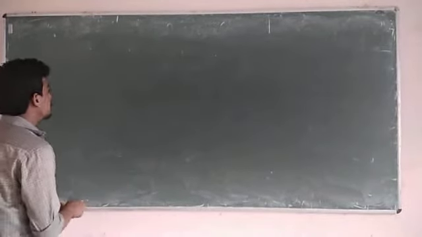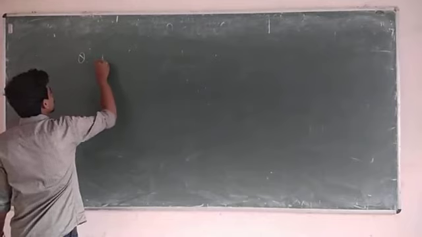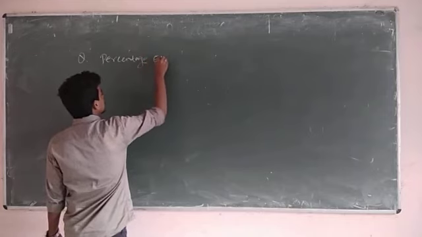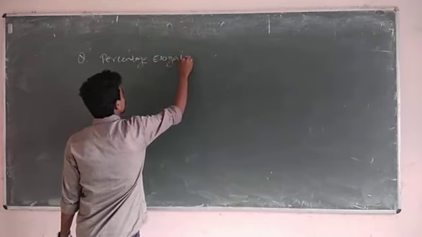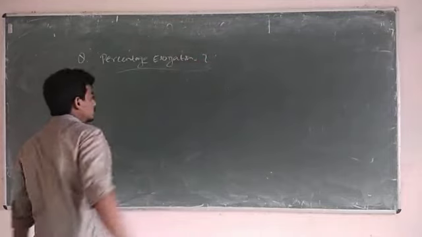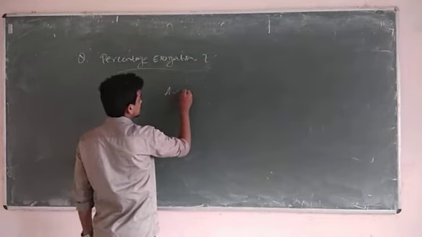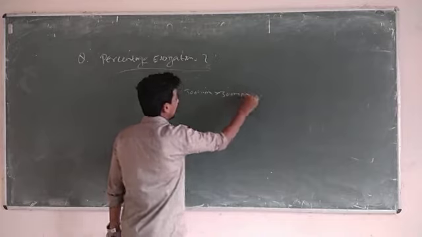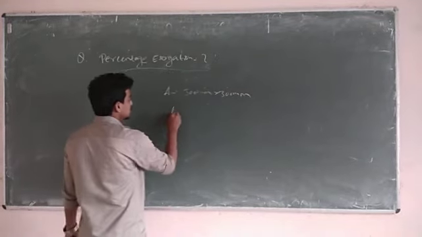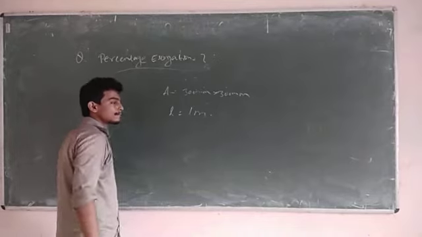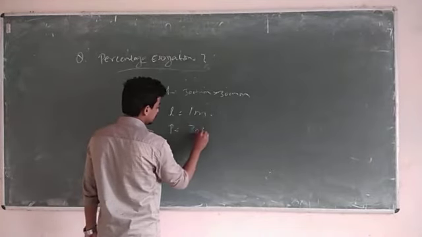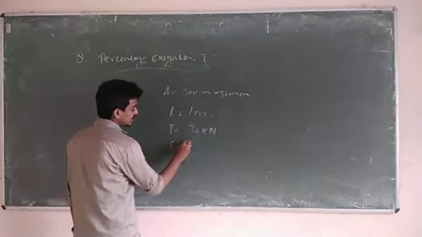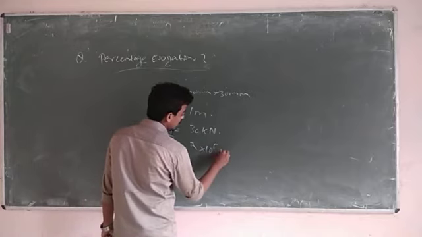One simple problem I will give to find out percentage elongation. The area is given, suppose 300 mm into 300 mm. Length is suppose 1 meter. P is given as 30 kilonewton, and modulus of elasticity is given as 2 into 10 to the power 5 megapascal.